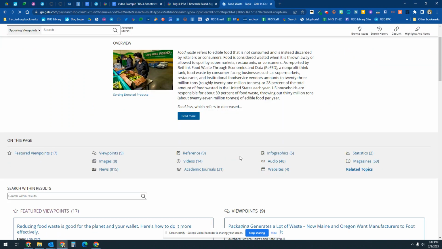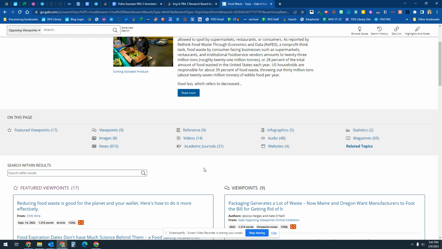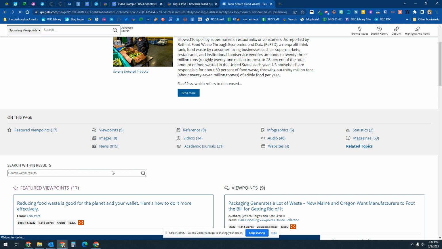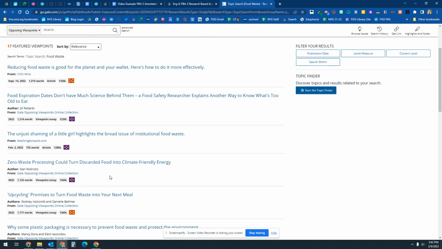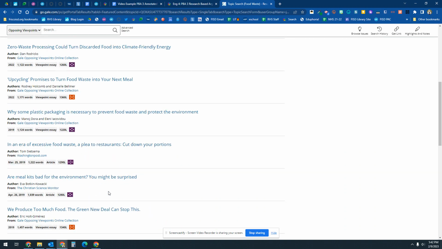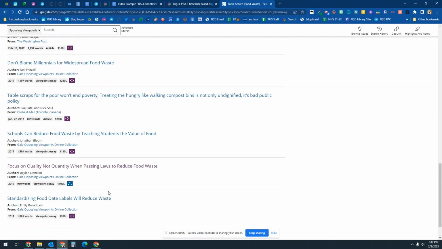Okay. Another source that you may use, let's talk about the viewpoints. So you've already maybe looked at some of the viewpoints in here. Just know that the viewpoints are there because they do have bias and opinion in them on the issue. So whenever you click on one of the viewpoints, they are going to have a viewpoint that is somewhere on the scale of bias.